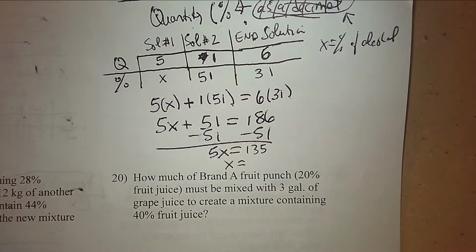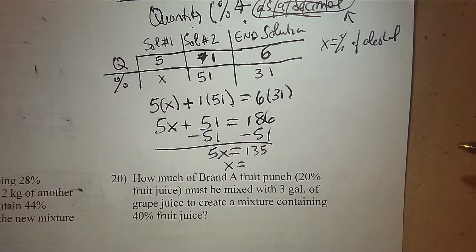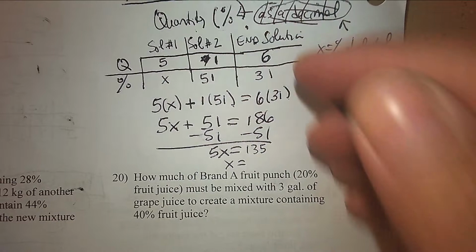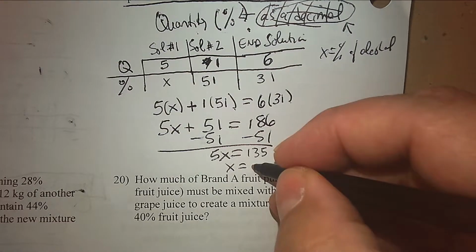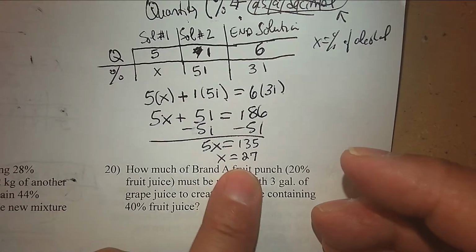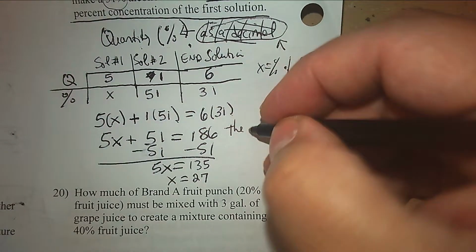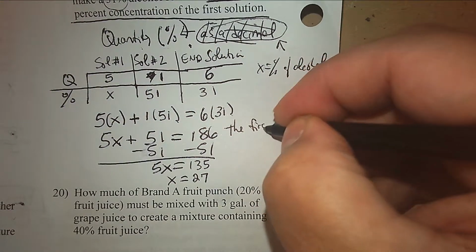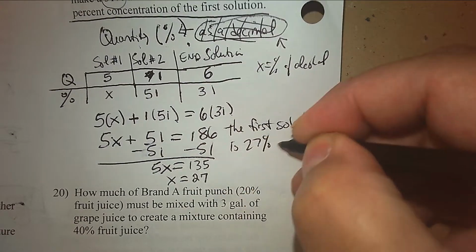How many times does 5 go into 135? It'll be 20-something, right? 27. I agree. So the question is, find the percent concentration. So what's the percent concentration of the first solution? 27. So the first solution is 27% alcohol.